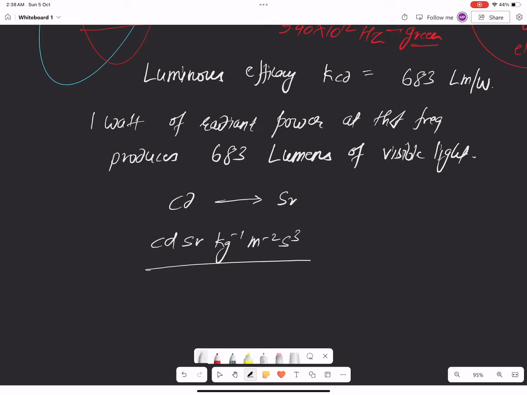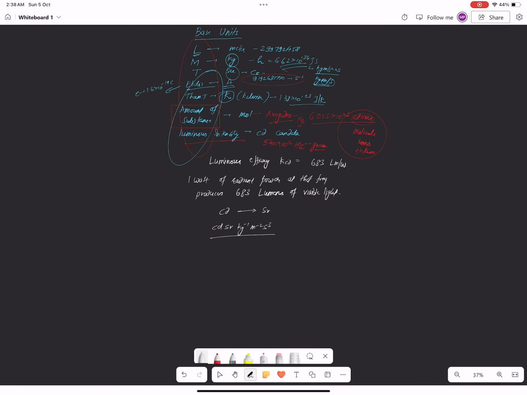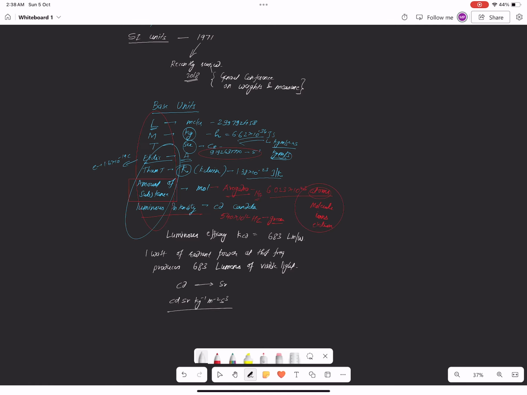So you don't have to remember each and everything. This is just a brief of what we have studied today. Just read it once. The only thing to remember is which constant is related to which unit. That will be enough. Values and all those things are not required as of now, right?